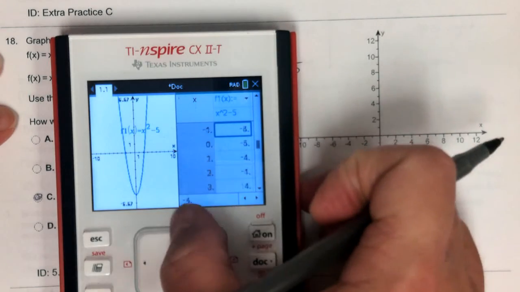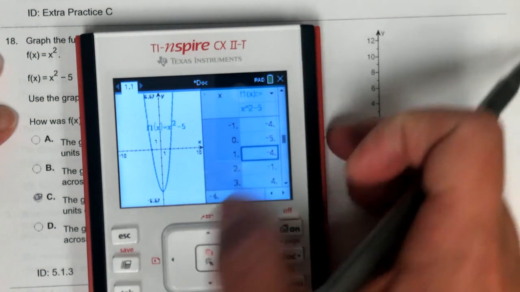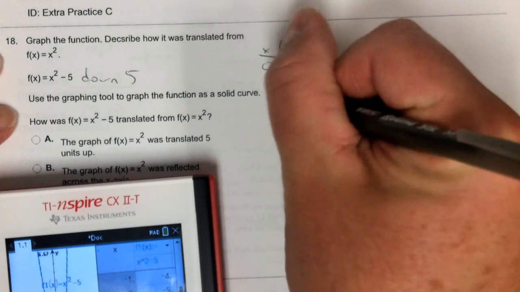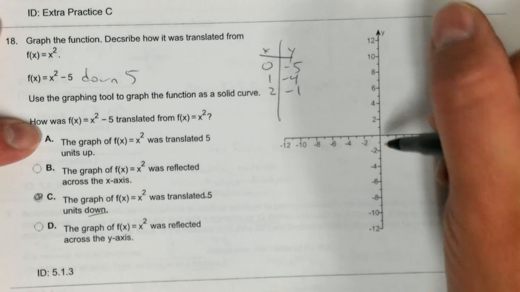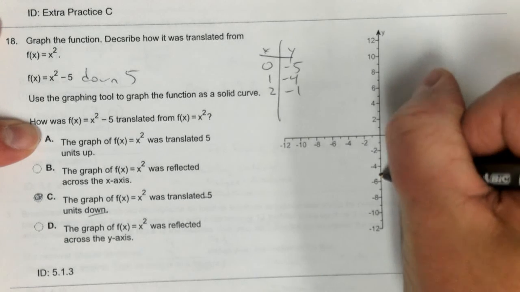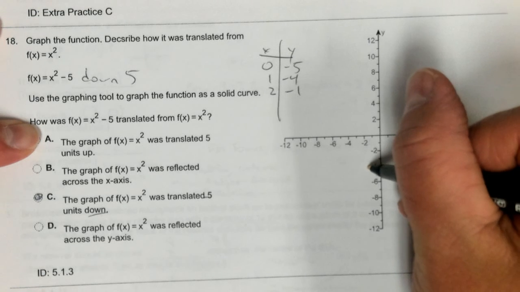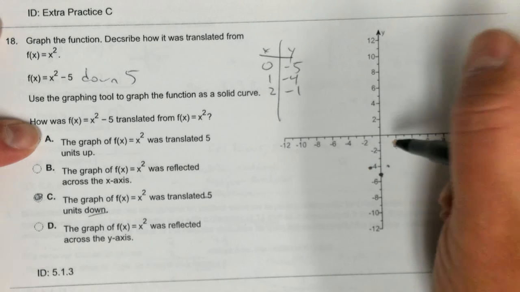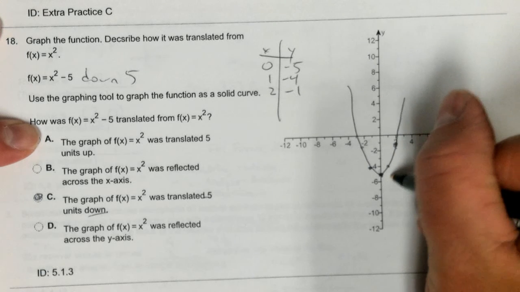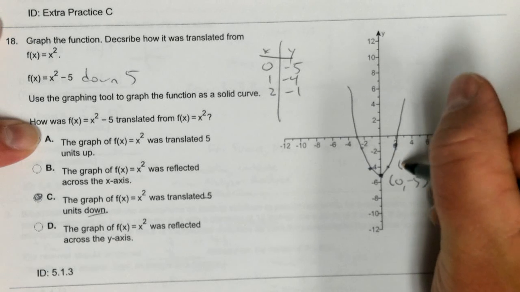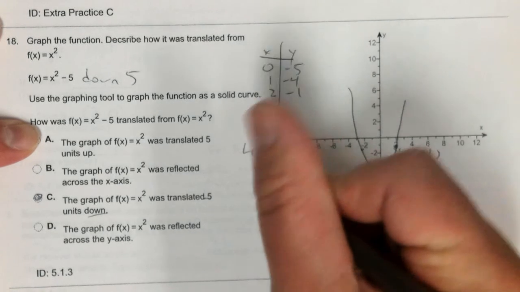And then in the table you can see the symmetry, but we want to go (1, negative 4) and (2, negative 1). Okay, so (0, negative 5) is here, and then (1, negative 4), (2, negative 1). So then you know your symmetry, like this. So again, label your 3 points.